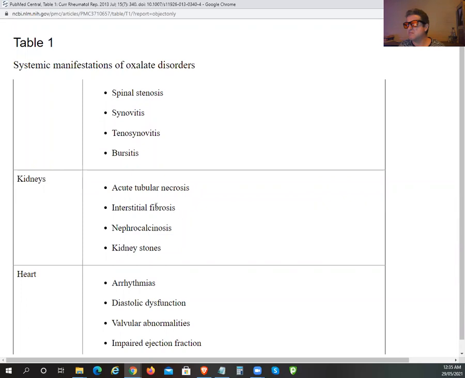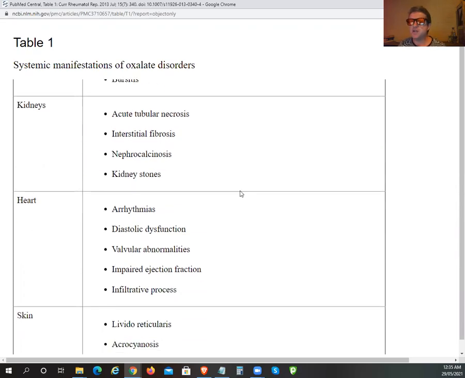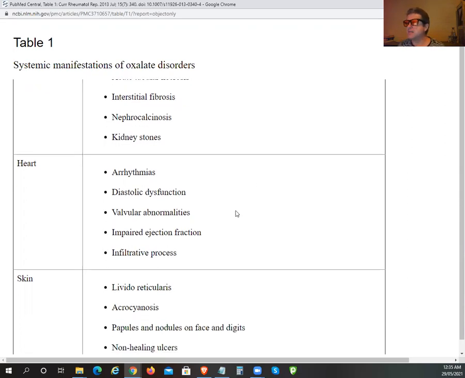Kidney stones are quite popular amongst people that consume quite a lot of these oxalate-rich foods, and I can attest to that, being a beneficiary of the oxalate kidney-derived stones. Heart, arrhythmias. Most people wouldn't have considered arrhythmias a potential oxalate issue of their past enjoyment of spinach and many other oxalate-rich foods.